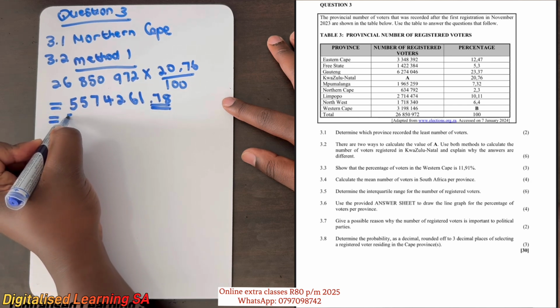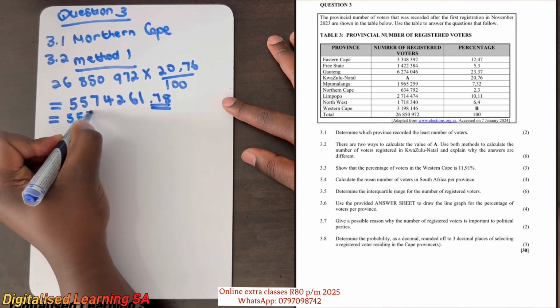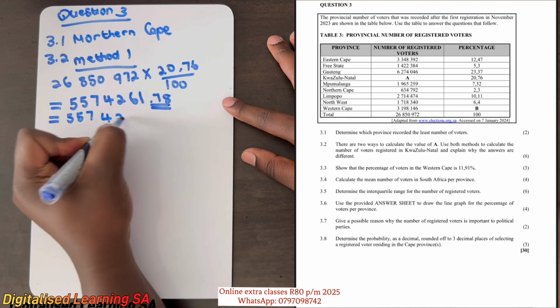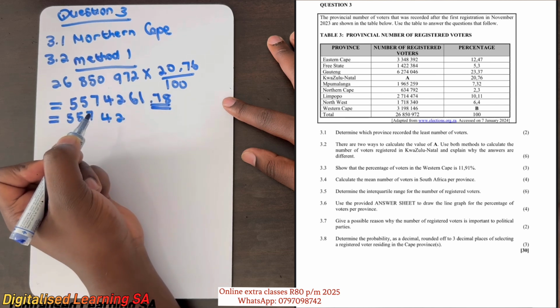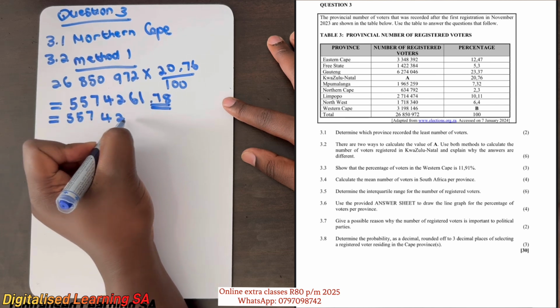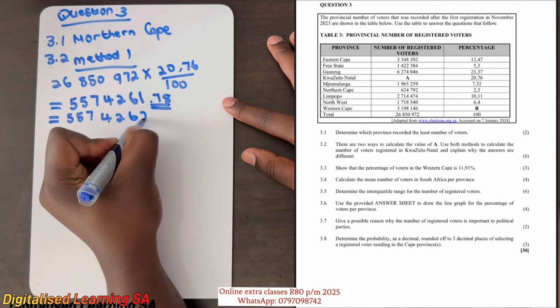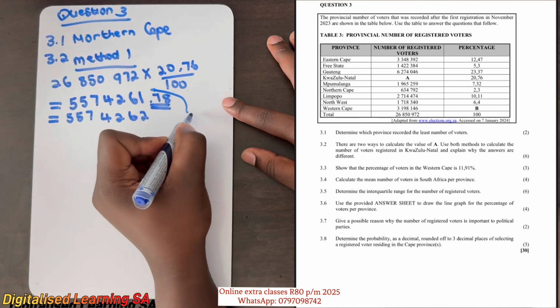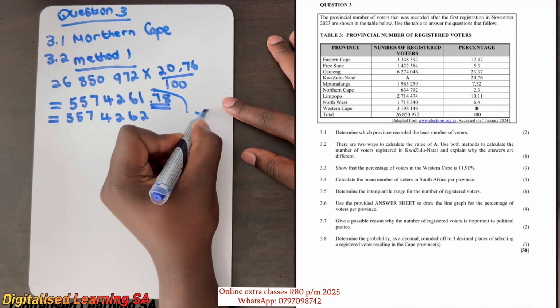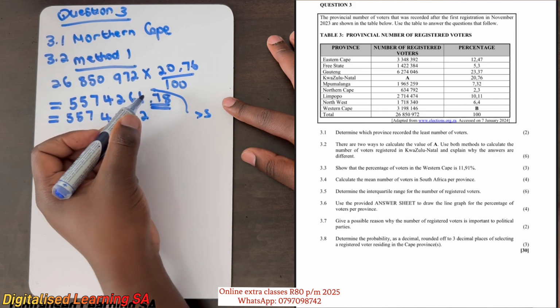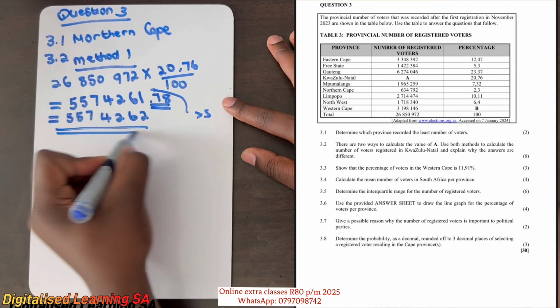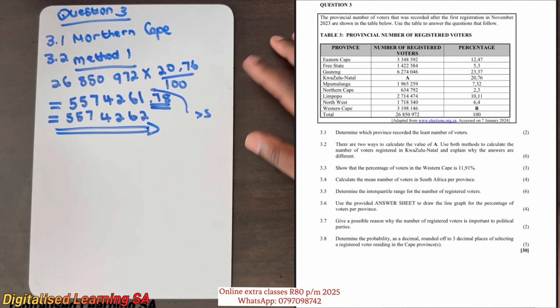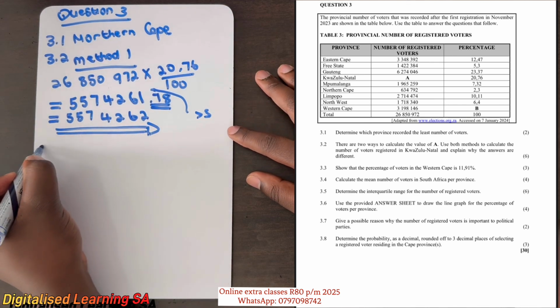And if we do that, our final answer will be 5,574,262, because the 7 is greater than 5, so the 1 will now become 2. So this is our final answer for method 1. So now let's move to method 2.